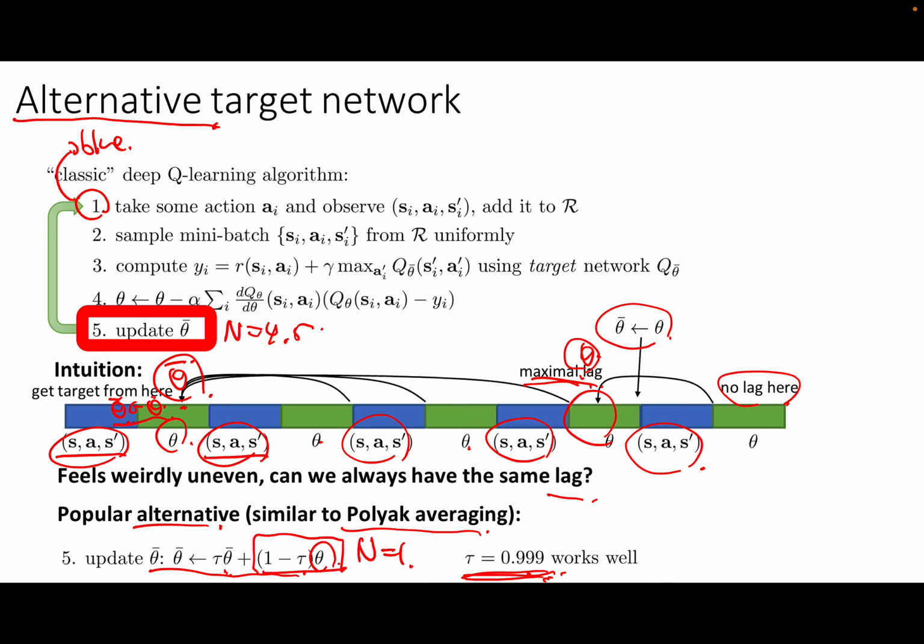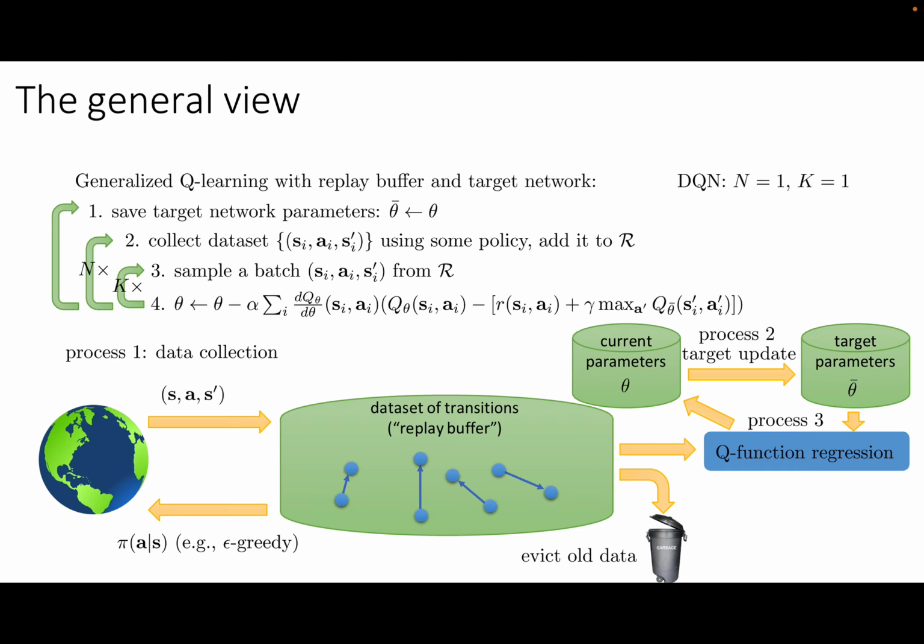So far good, no problem. And so we actually learned a couple of Q learning networks, and let's summarize and make clear what the differences between them are. So that is the general view of generalized Q learning with replay buffer and target network. We save target parameter theta bar with theta and collect and add to the replay buffer, and then we can update theta with k iterations.